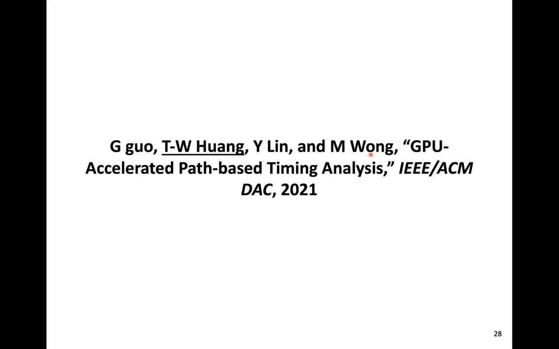The other consideration is that the circuit graph is not going to have very high fan in or high fan out. Most of the time, the degree of the input and output is limited to 8 to 10. So that means we have more room to play around with the spatially designed data structure for GPU. And this is indeed one of the topics I'm going to talk about right now, to generate a path.